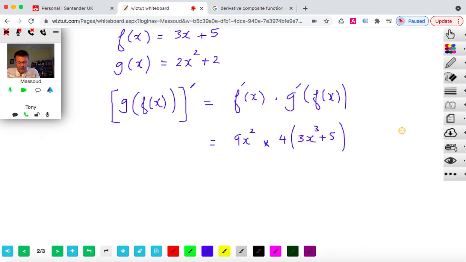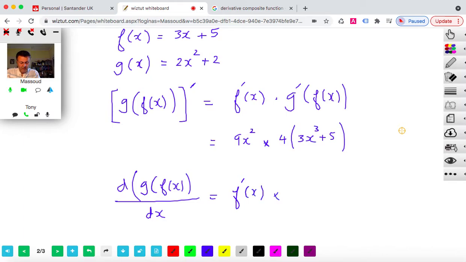So I want to differentiate g of fx with respect to x, and that would be the differential of fx multiplied by the differential of g, but with the content of fx. And we want to evaluate this when x equals 1.